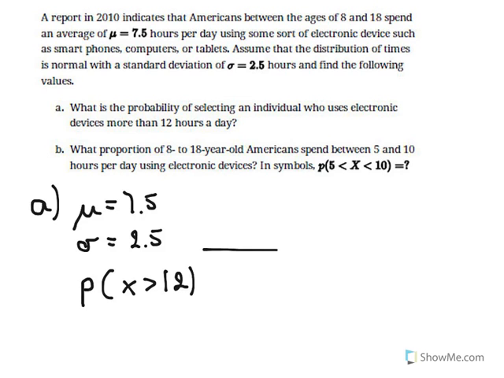If we do our rough draft, we know the average is given with 7.5, and we're looking for 12. So in this case, again, we're looking for everybody in the tail, very similar to the previous question. Now we calculate the z-score.